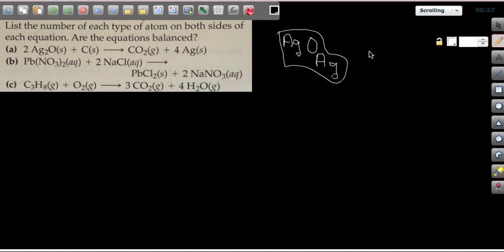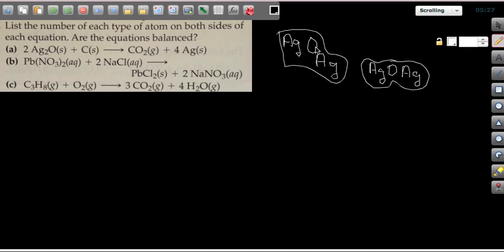And if there's 2 of these, as we're told, there's another silver. It's an ionic compound, so the cations and the anions are held by opposite charges attracting each other.